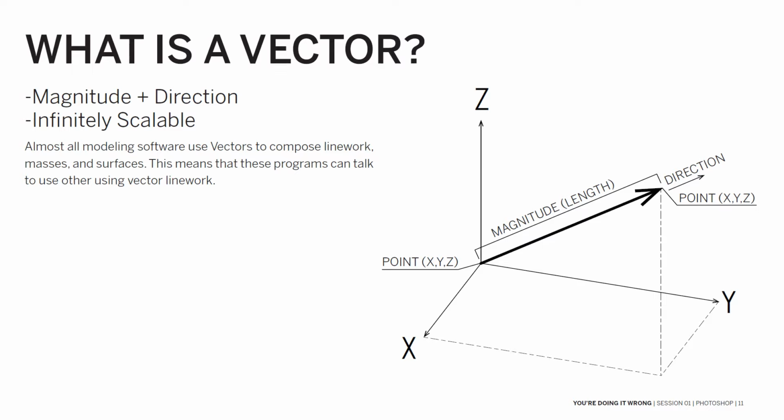Vectors are used in a lot of different math equations and computational processing because of how simple a form they are to generate based on the math. And that's why they're infinitely scalable: because it's a math equation and not a set of pixels. So all vectors are either a connection between 2 or more points, or a magnitude, which is length, and a direction.